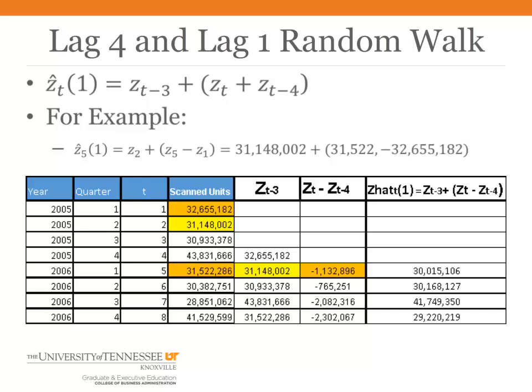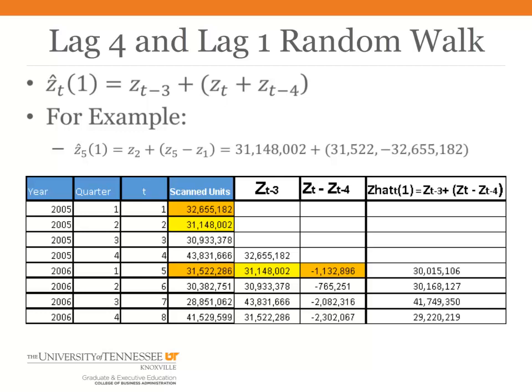So if we are in first quarter 2006 and I'm forecasting second quarter, I start by using second quarter 2005, and then I add to that the difference between what I observed in the current quarter and what I observed in this same quarter a year ago.